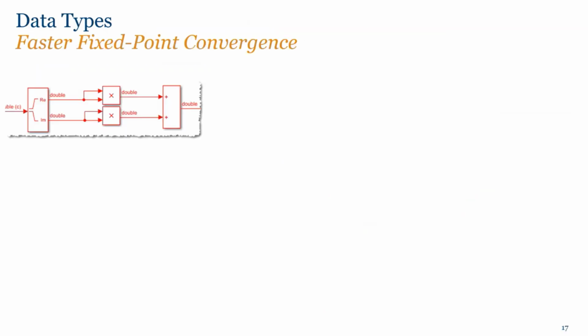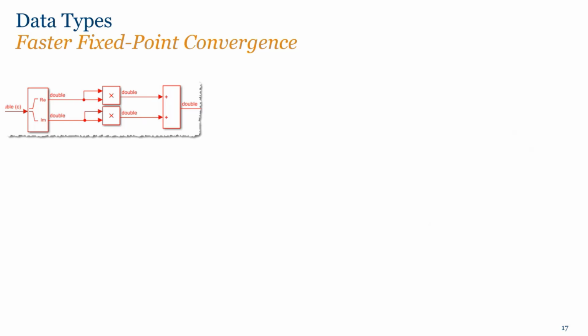I'd like to spend just 2 seconds, maybe 2 minutes, on data types in Simulink and in MATLAB, because later on we'll see how we can also have some trade-offs between the architecture that we choose, but also the data types that we'll be choosing.